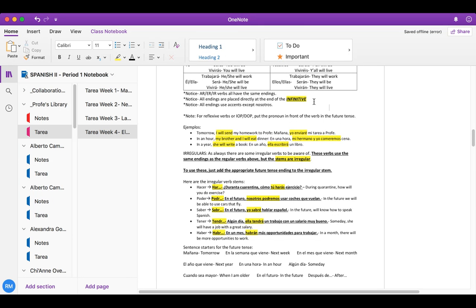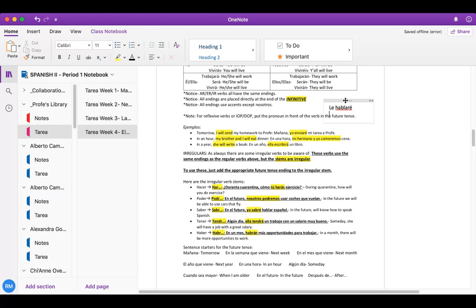Instead, we will say, I will speak to him. Le hablaré. Okay? That le is our indirect object pronoun, meaning him. Hablaré is I will speak. Notice how it has the verb hablar directly in there without taking off the AR, and we just popped our little E with an accent right at the end.